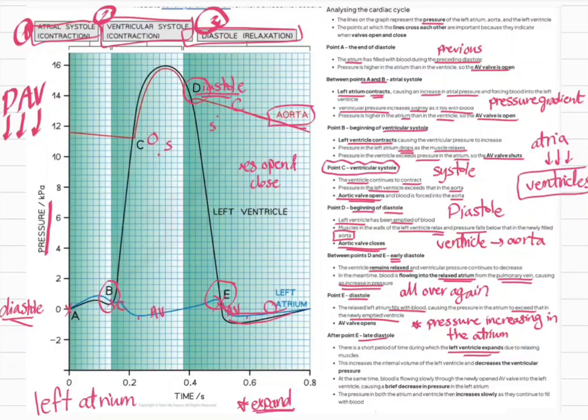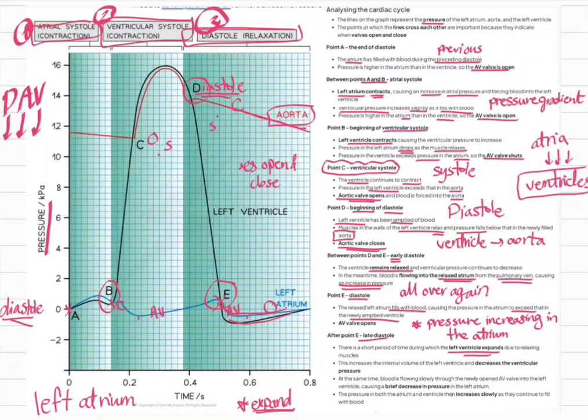So to summarize what we've mentioned in the previous phases, the atria contract. The AV valves open until they fill the ventricles, which are going to have a higher pressure than the atria, which shuts the AV valves, and the aortic valve is going to open as a result, pushing the blood out.